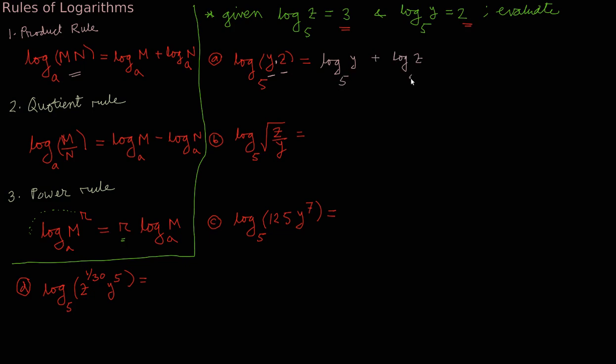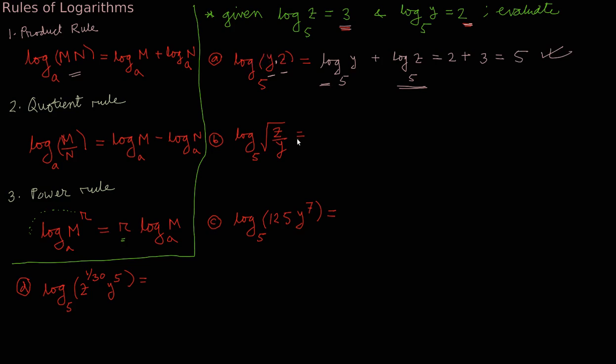So that is coming from the product rule. So let's now substitute. What is logarithm of y base 5? We know that logarithm of y base 5 equal to 2 plus, and what is logarithm of z base 5? Logarithm of z base 5 is 3, so it is equal to 5. So this is the value of the expression for a.